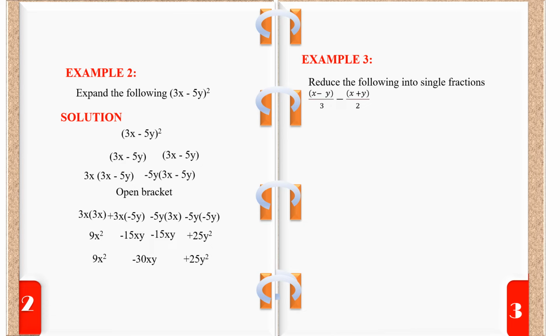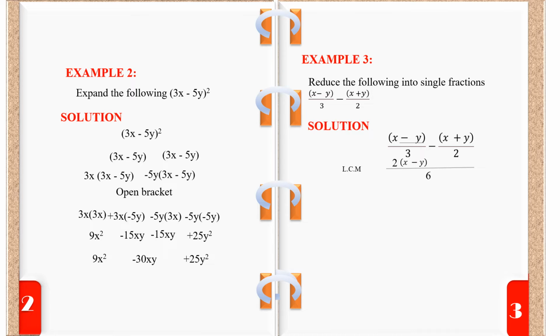Let's look at another example here. We have to reduce the fraction into a single fraction. Now, to solve that, what I'm going to do is to look for the LCM. So the LCM of 3 and 2 is 6. And when you say 6 divided by 3, that will give us 2.